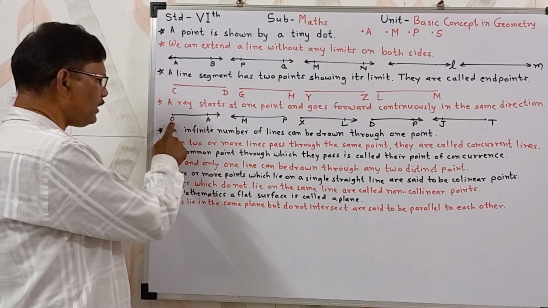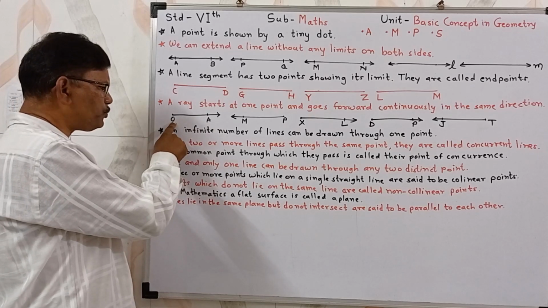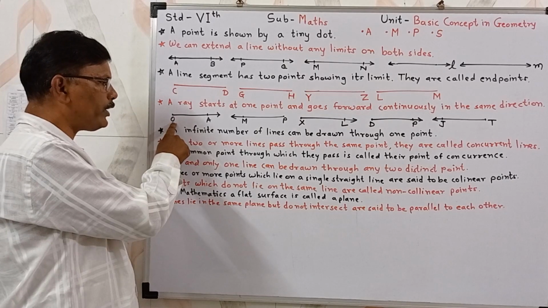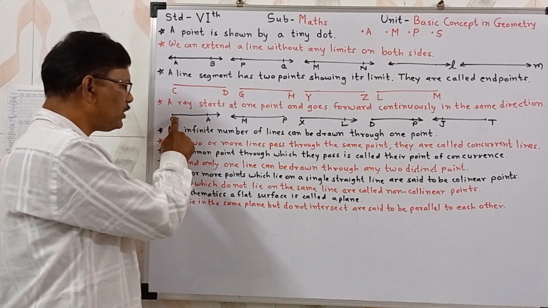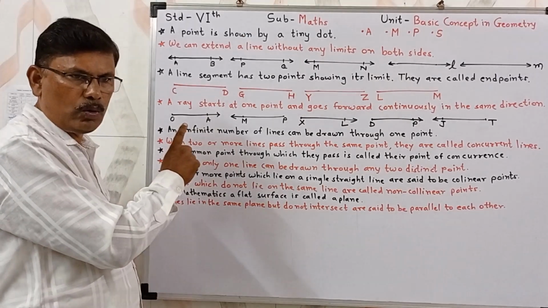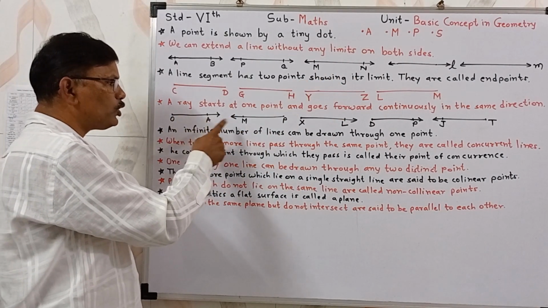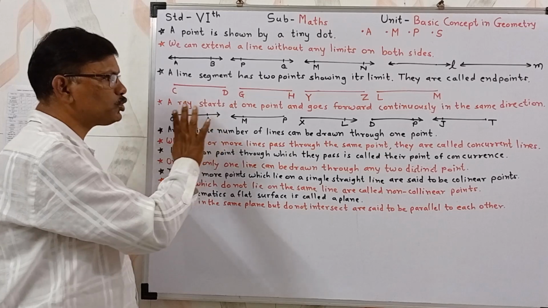Listen, this point O is called its origin. It starts from O and goes forward continuously. It has no limit.